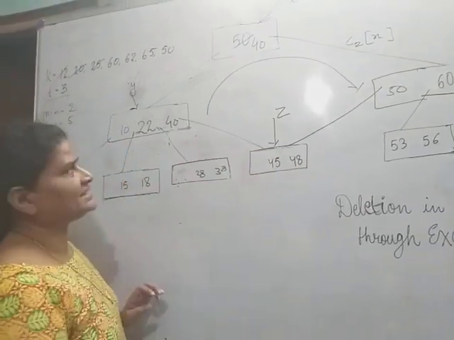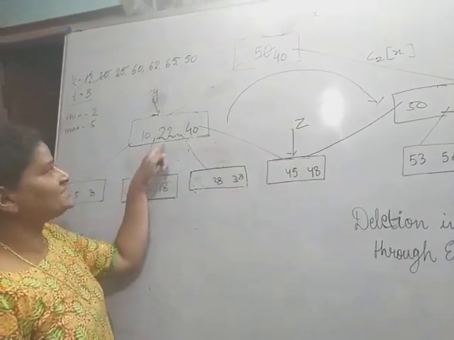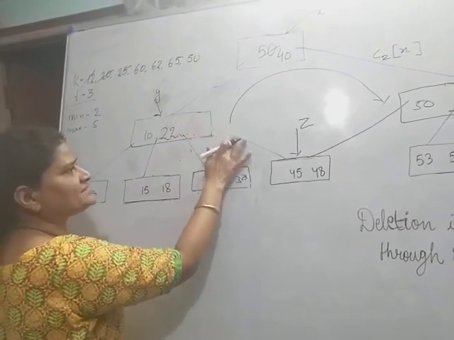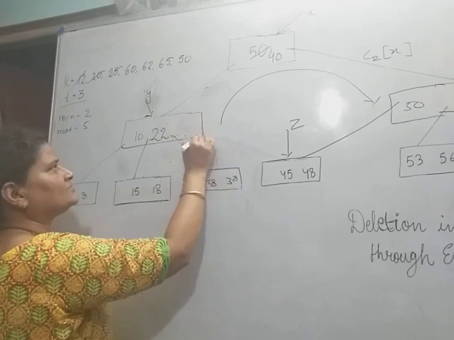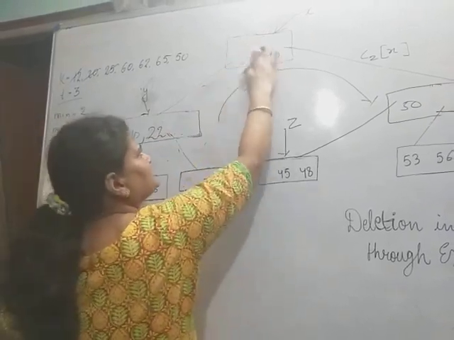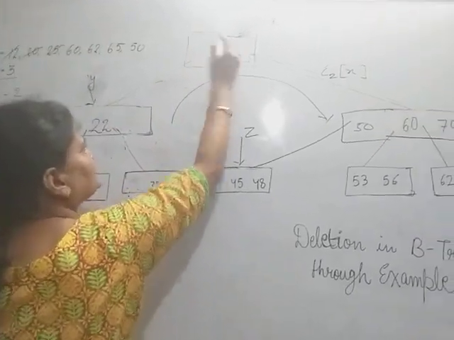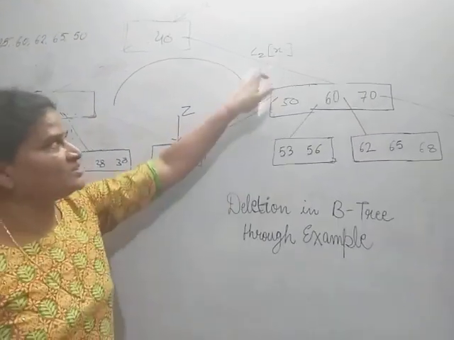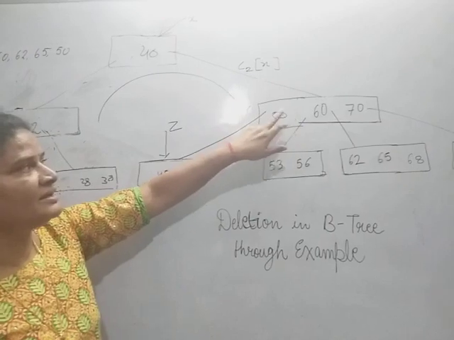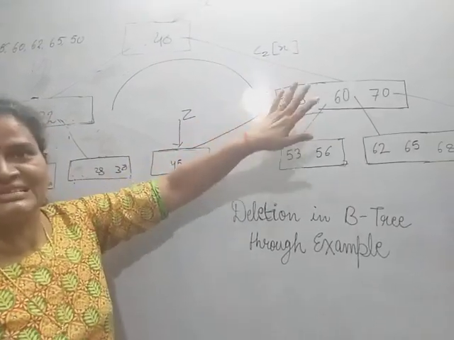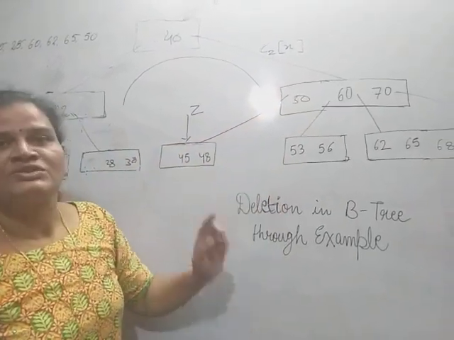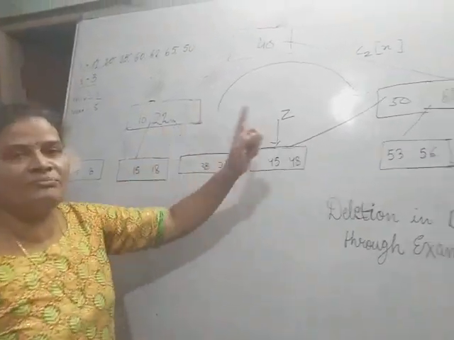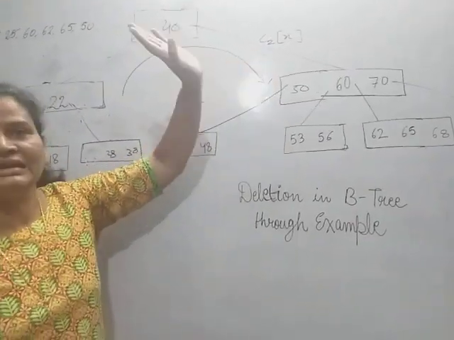Now from node y, the 40 is to be deleted. Because the node pointed to by C2x now contains t number of keys, the problem is converted recursively: delete 60 from the subtree rooted at C2x.